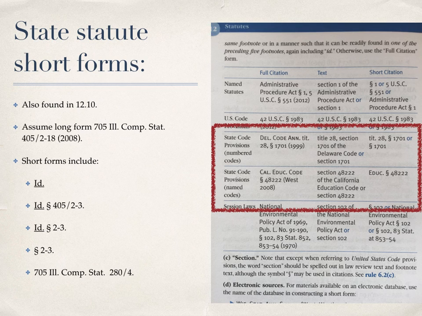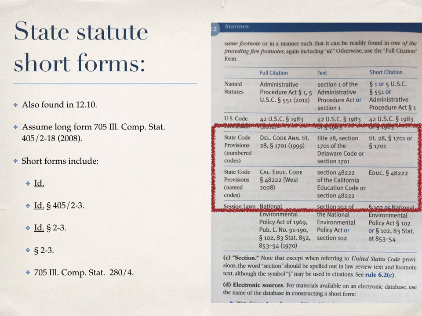Obviously your ids are going to be used if you've already been citing to 705 Ill. Comp. Stat. 405 and haven't changed from any other provisions and you haven't cited any new cases or new statutes since your last cite. Id section 405/2-3 would indicate that I probably changed my title, but I hadn't changed my chapter.